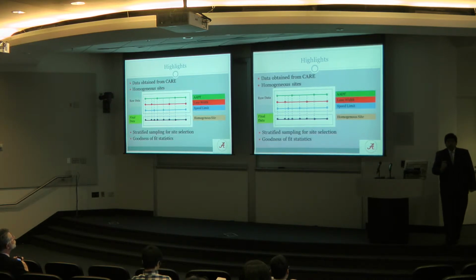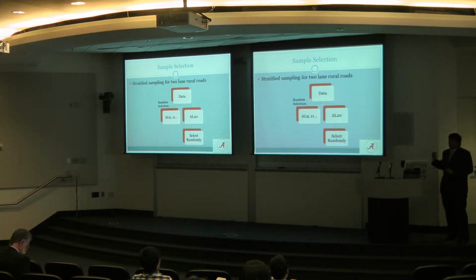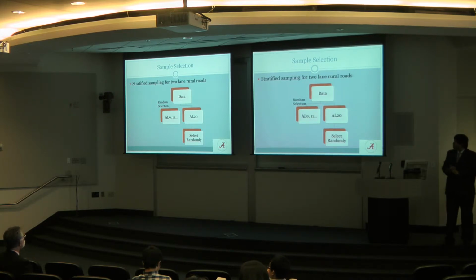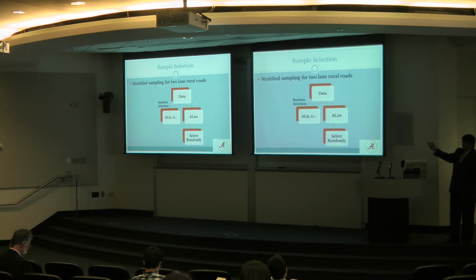Most of the studies usually use random sampling, but what we did was we started with random sampling, and we saw that after sampling the first set, there were many small stretches of the road which were not included in our sample. So we did a staged sampling. This is just an example. Say we had one random selection and we found certain roads like Alabama 9, 11 and many more, but we don't have Alabama 20.